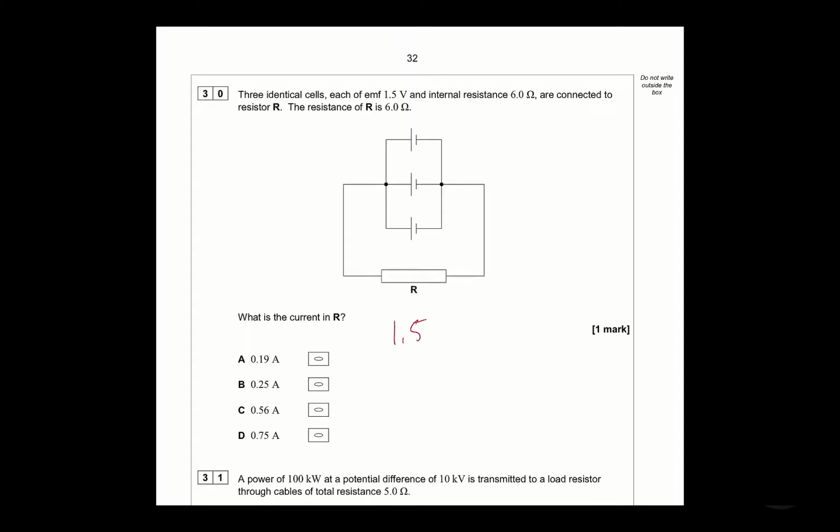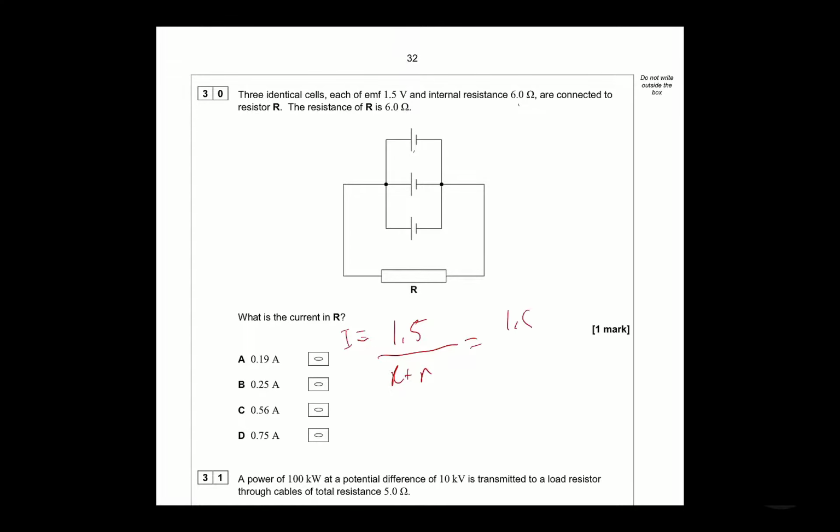And since I is equal to the voltage divided by the resistance, R plus little r. Okay, but little r is not 6 ohms. It's going to be 2 ohms because I've got 3 resistors in parallel, so it's going to be 1/3.